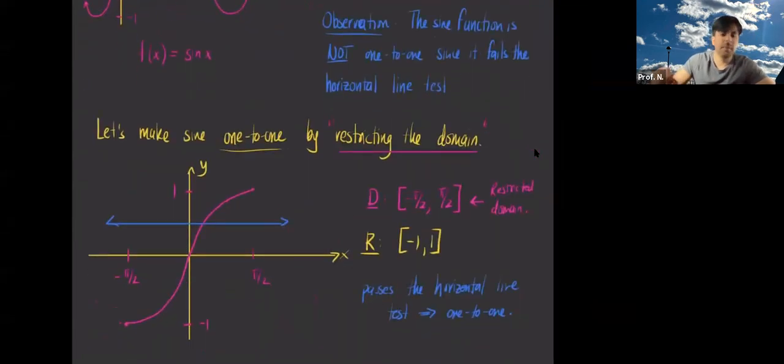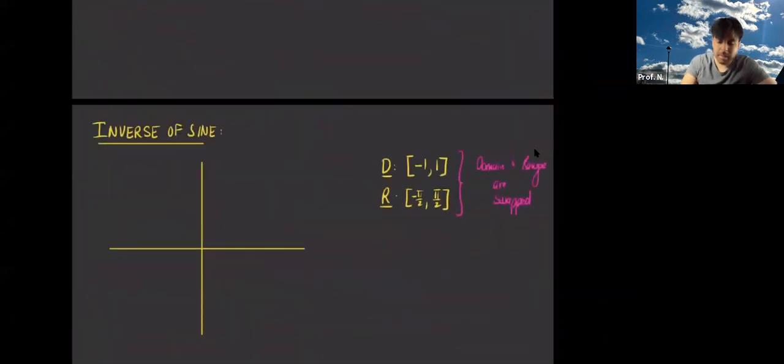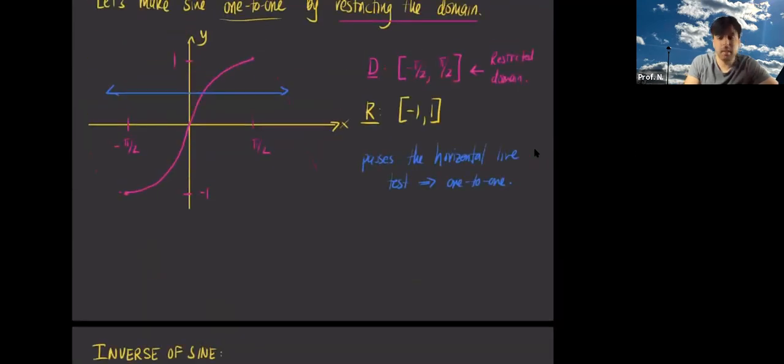All the x's become the y values. All the y's become the x's. So this will become what? -1 to 1, and negative pi over 2 to pi over 2. All the x's become the y's and the y's become the x's. Do you guys see that?